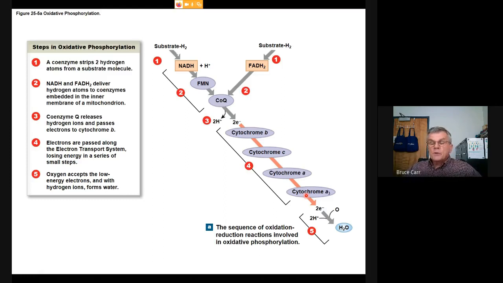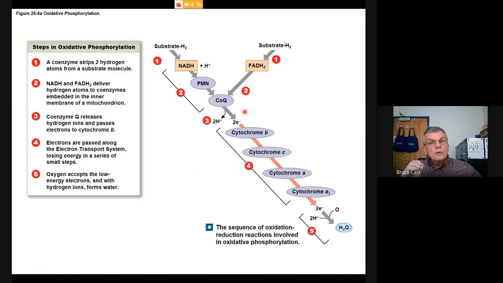You're losing potential energy, and energy is being released. Now, along the way, although there are 1, 2, 3, 4, 5, 6 steps, there are only 3 of these steps where the energy is captured for ATP production. And I'll show you that later.